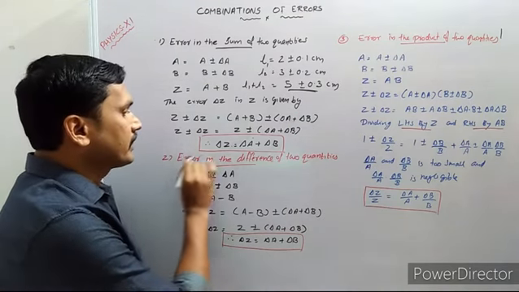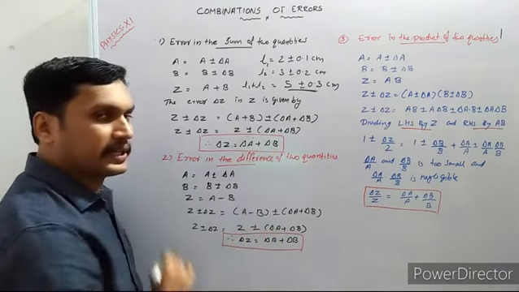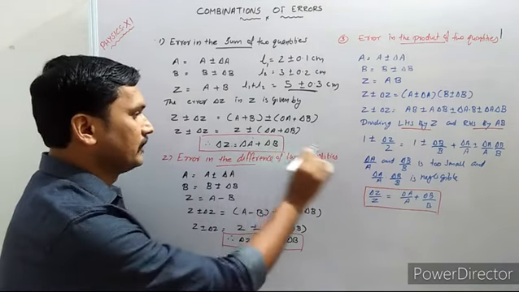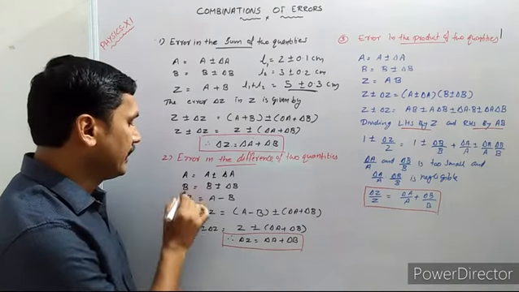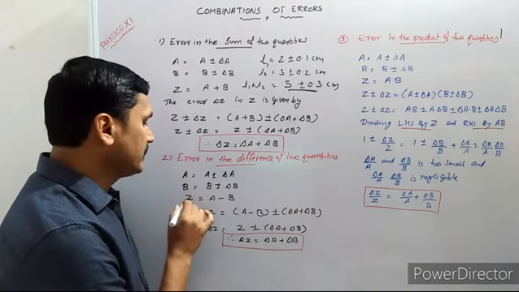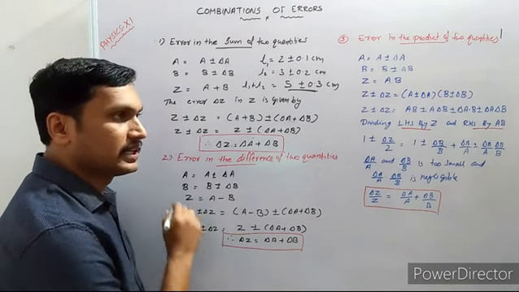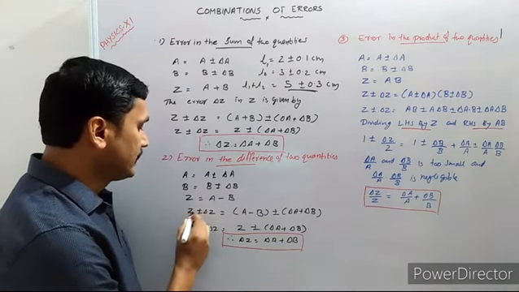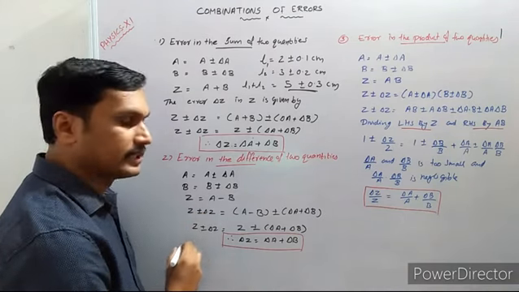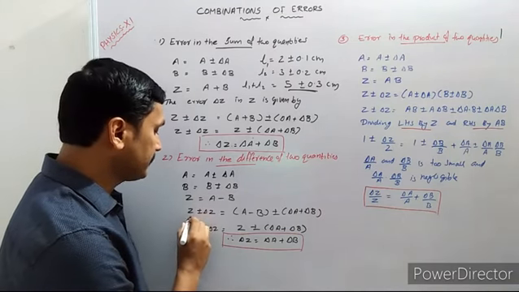Now, error in the difference of two quantities. That is, we are measuring two quantities A and B and the result is A minus B. So we can write Z plus or minus delta Z. This is the result with the error.